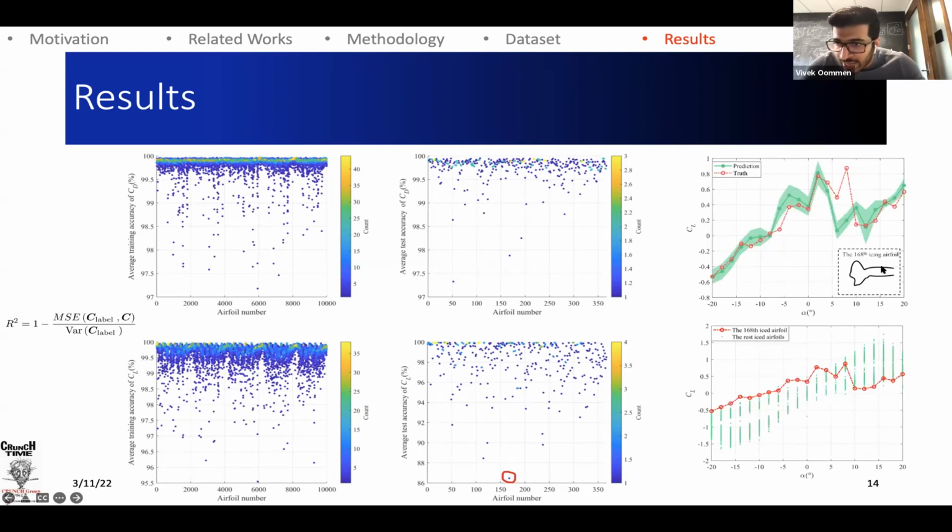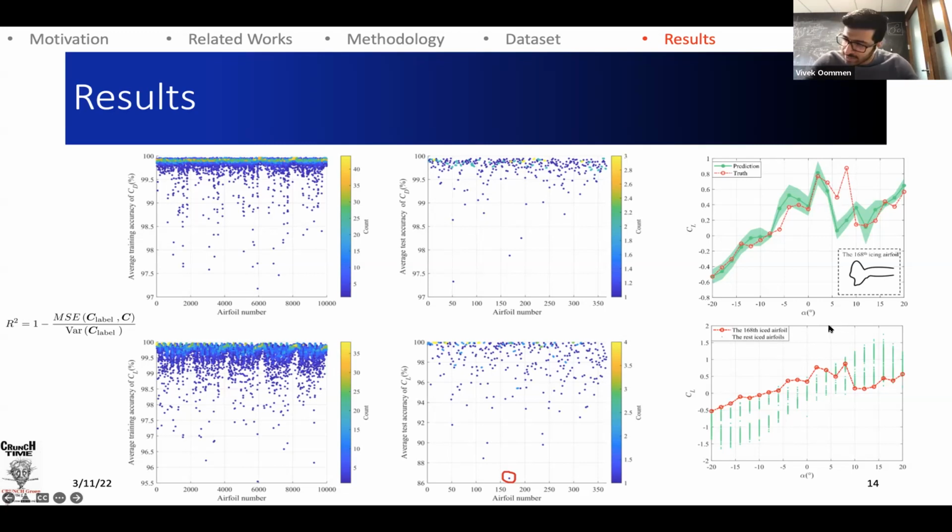This is the airfoil icing profile of the 168th sample, which is the outlier. We see that the truth, which is the red line, is not in good agreement. The predictions obtained by the DeepONet are not in good alignment with the true values. So here there is a difference.